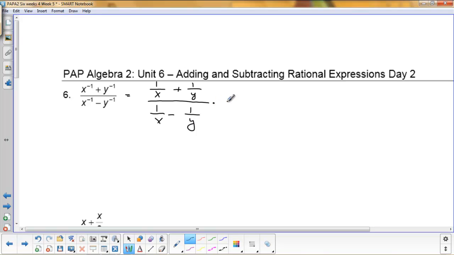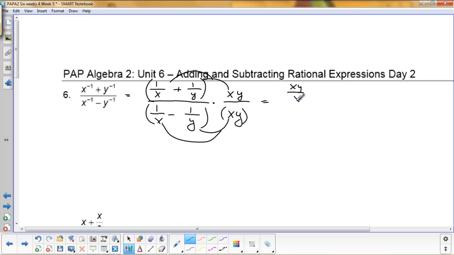Your common denominator is xy, because that will clear every single fraction. So that means I'm going to distribute xy inside on the numerator, and I'll distribute xy inside on the denominator.